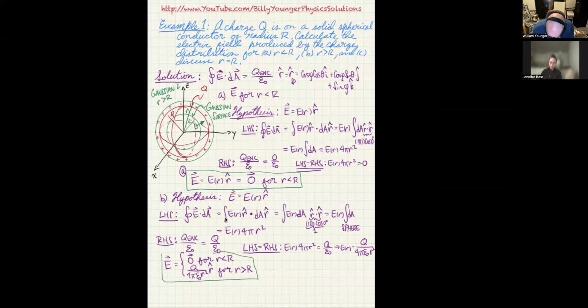And we're asked in part C to talk about what happens when r is equal to big R. You can see that E of r, let me write it in purple, sorry.